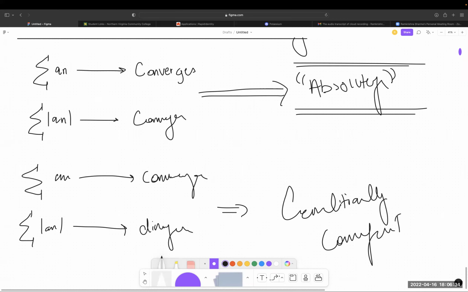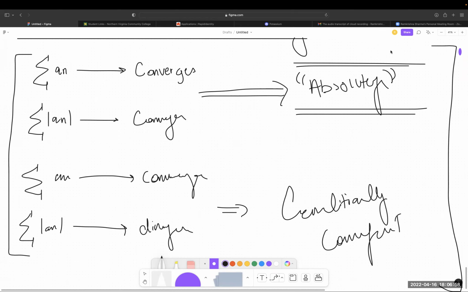If you're divergent, then the absolute value version won't be convergent. So if you're divergent, you're just divergent. End of story. But with convergence, you can see if you're absolutely convergent or conditionally convergent by taking the absolute value and then seeing what happens.